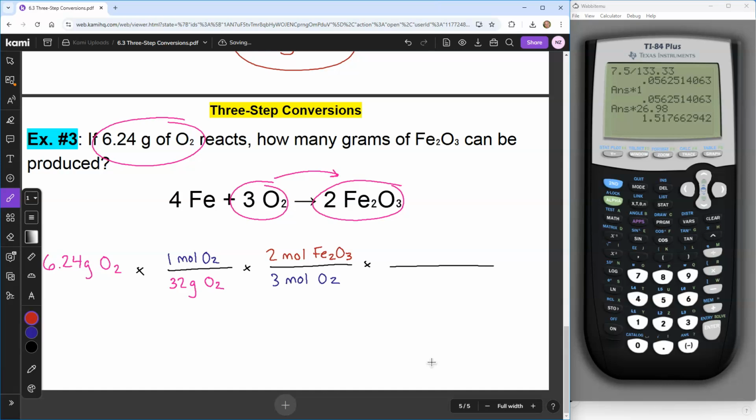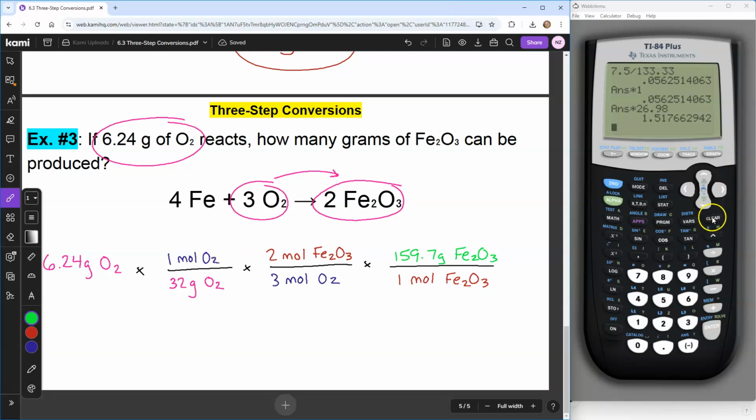And then to go back to grams, for every 1 mole of iron oxide, I've already computed the molar mass here. It is 159.7.